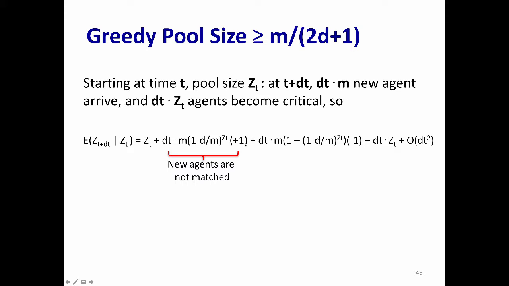Now, what if I can match the new agent? Well, with this rate a new agent comes, and with this probability I can match the new agent, in which case the pool size decreases by 1, because now one agent in the pool is matched to this new agent and is leaving the market. And this term here, minus dt zt, is simply the rate by which someone gets critical and leaves the market unmatched.